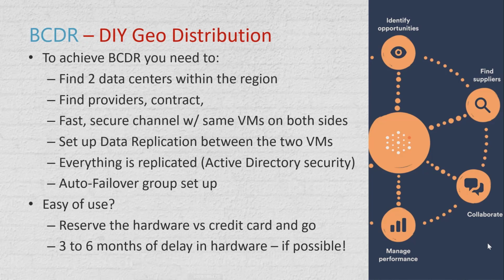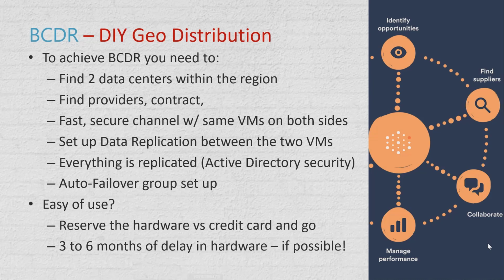So in the context of BCDR, let's talk about geo distribution if you had to set it up on-prem, basically as the data centers are at the moment. To do that, you would need to find two data centers within the region, find providers and contractors, and make sure that the contracts are written and signed.